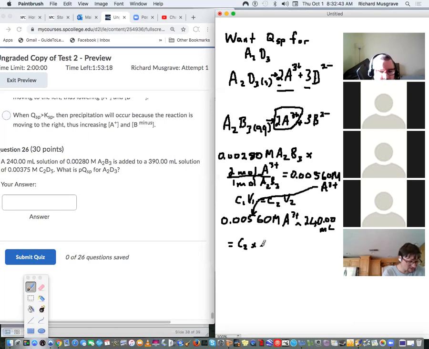And the total volume would be the sum of those two, which is 240 plus 390, which would be 630, I believe. So this is going to be the concentration of A3+ in the final solution. And let's have a look, I get 2.13 times 10 to the negative 3.